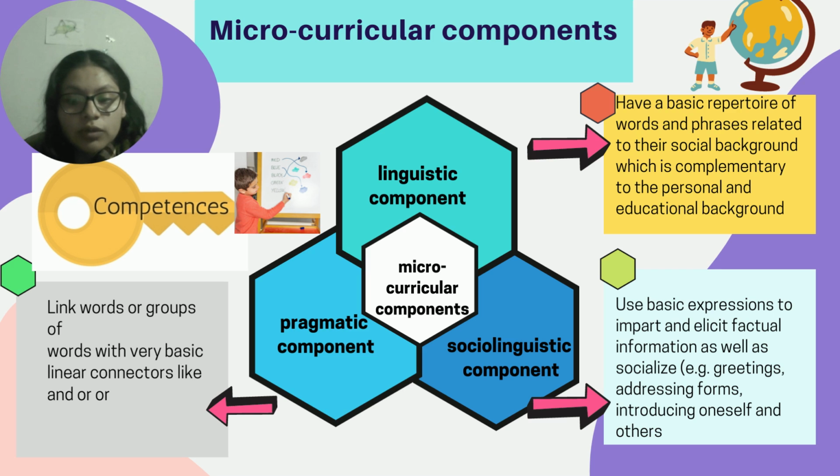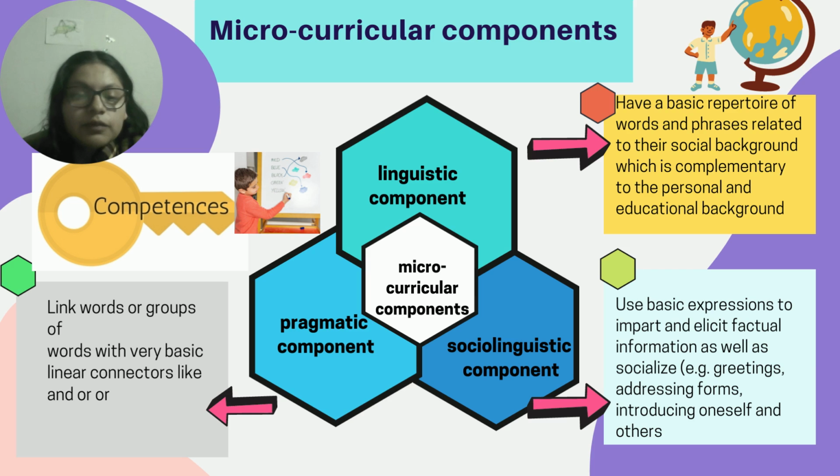The second one is the sociolinguistic component that is based on using basic expressions to impart and elicit factual information as well as socialize. For example, it could be topics such as greetings, addressing forms, introduction of oneself and others, or saying goodbye and other things.